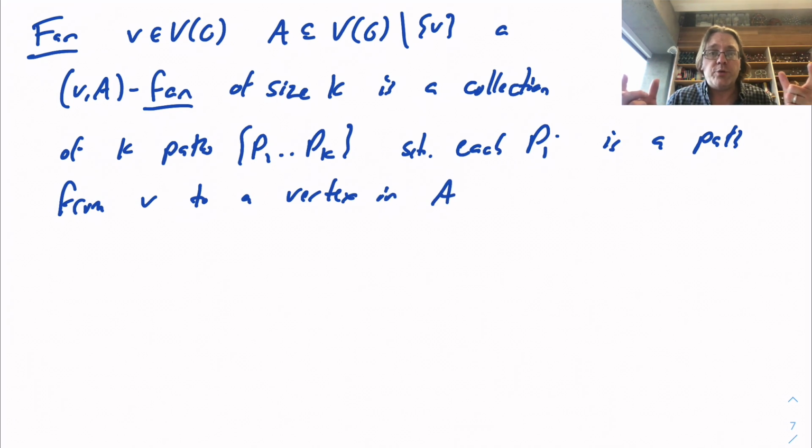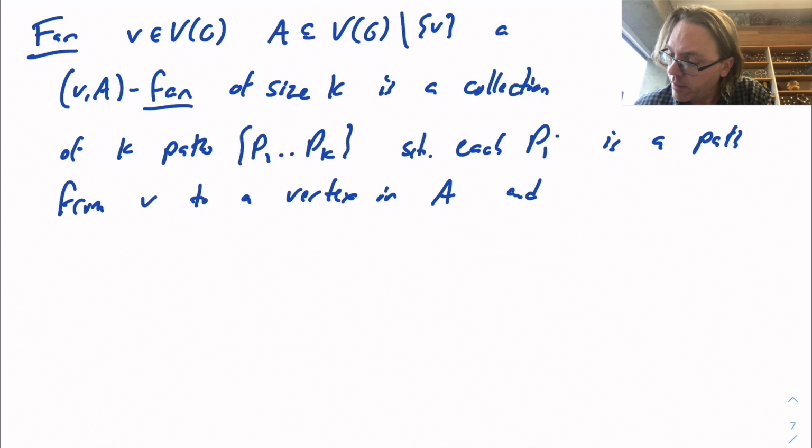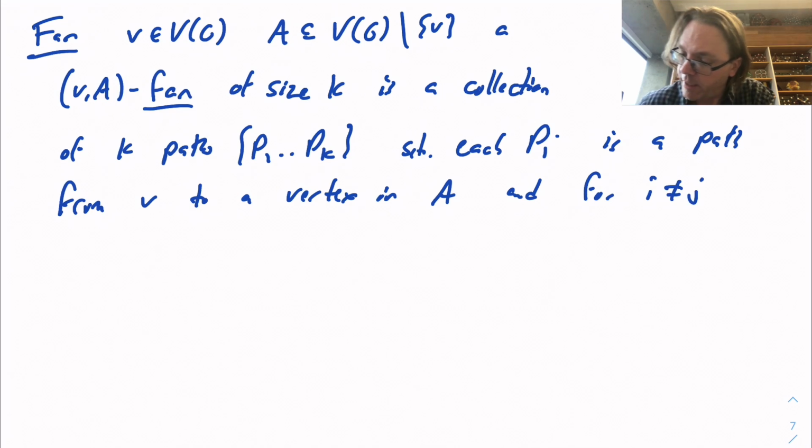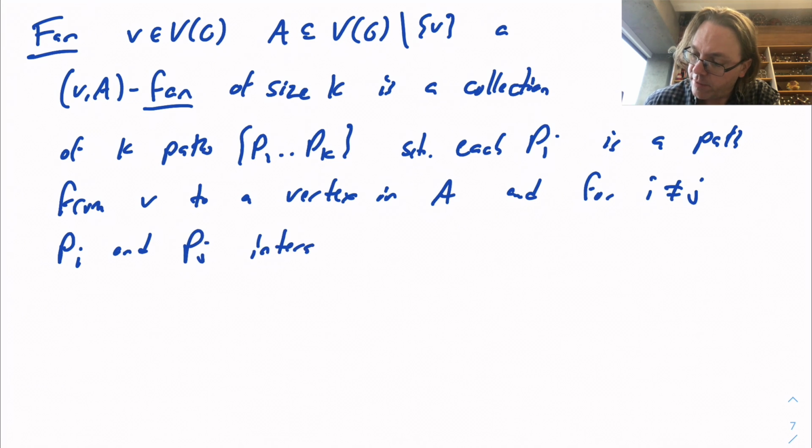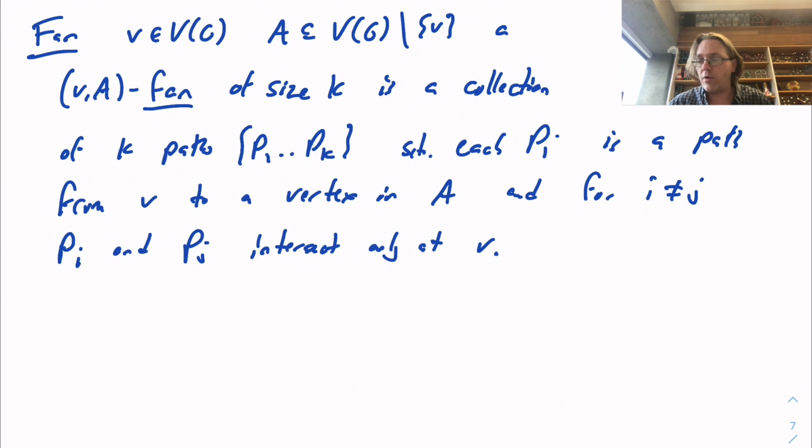And if you look at any two of these paths that are distinct, they're going to intersect only at the vertex V. So each pi goes from V to A, and for i not equal to j, pi and pj intersect only at the vertex V. I'm writing that a little bit casually.